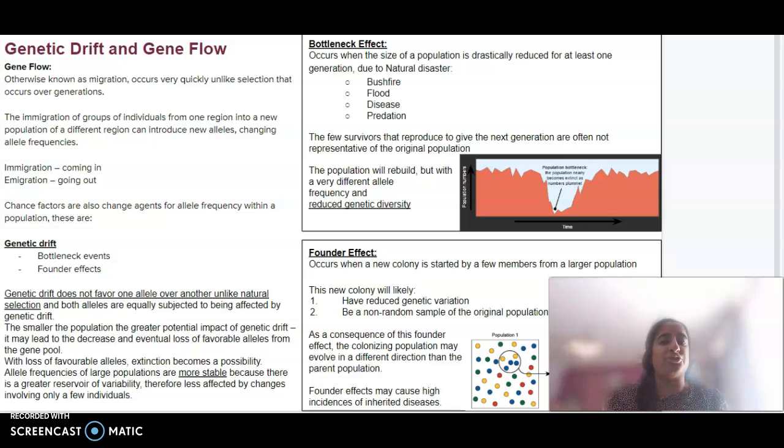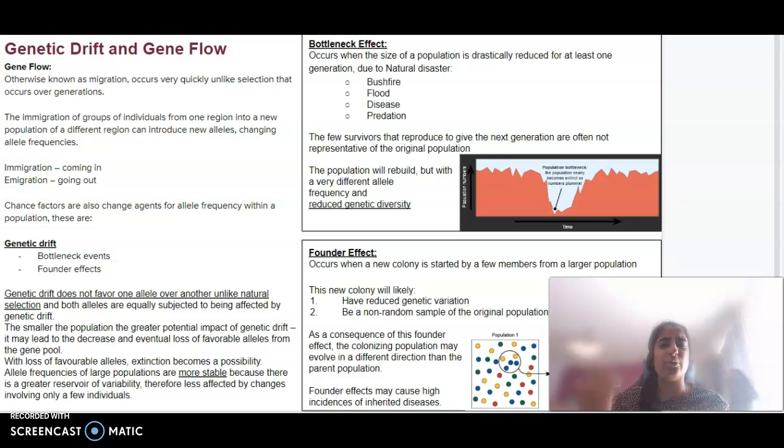In terms of genetic drift, there are two types of genetic drift that we do talk about, and that is bottleneck and founder effects. So it doesn't favor one allele over another like natural selection might, and both alleles are equally subjected to being affected in genetic drift. So whatever alleles might be involved, the alternate forms of gene, they might be equally subjected to being affected.